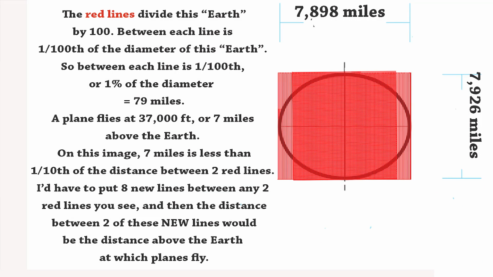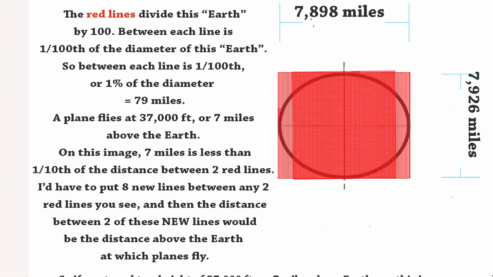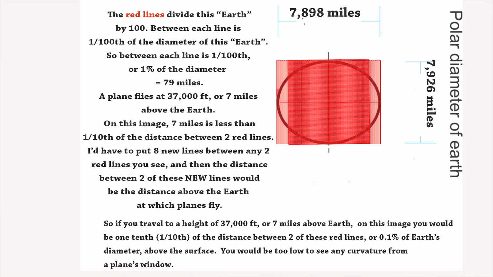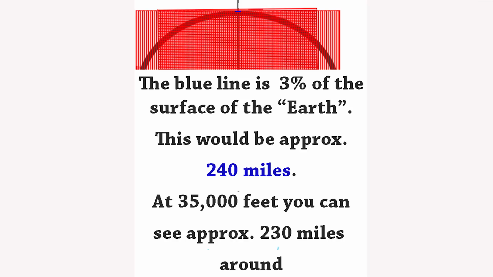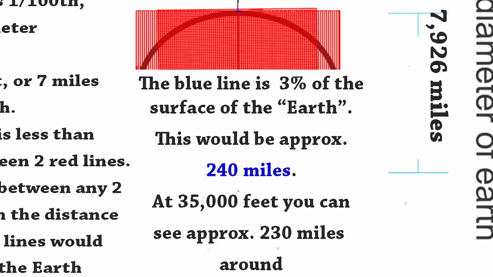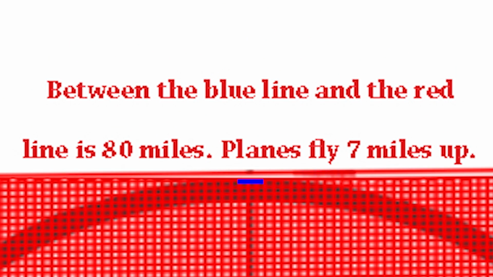So if you're flying 7 miles above a sphere with a diameter of roughly 7,913 miles as an average, the distance between the surface of the Earth and your plane, relative to the size of the Earth, would be 0.009% of the circumference of the Earth.